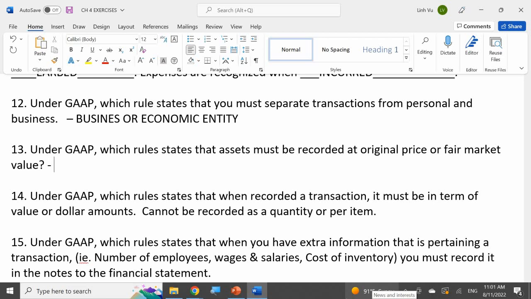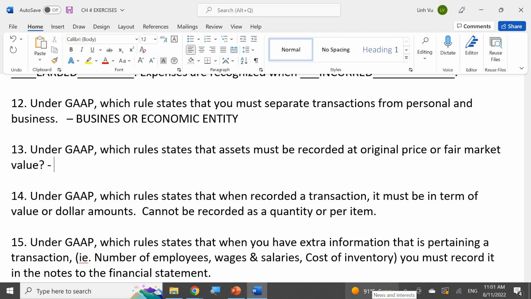Okay, so this one's when you acquire assets, right? They must be at original price or fair market value. Accounting period? Not that. Monetary? Now I could see how you could mistake this one for monetary.